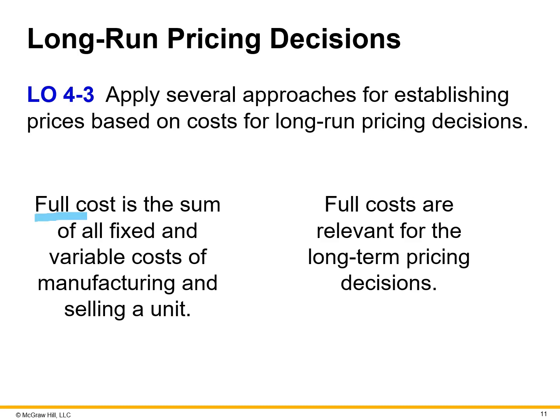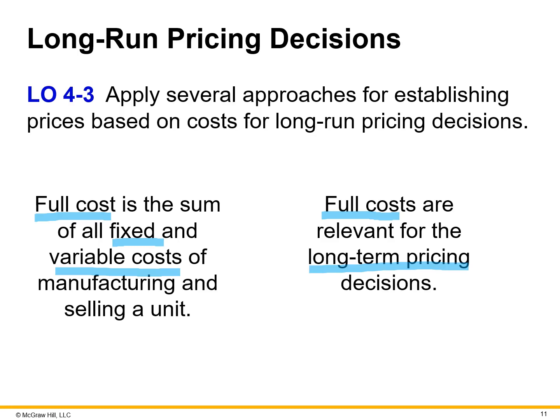Full costs are relevant for long-term pricing because, as we talked about, in the long run, pretty much all expenses, all costs are variable costs. In the long run, you don't have fixed costs. Everything becomes an option if you stretch out the time period long enough.